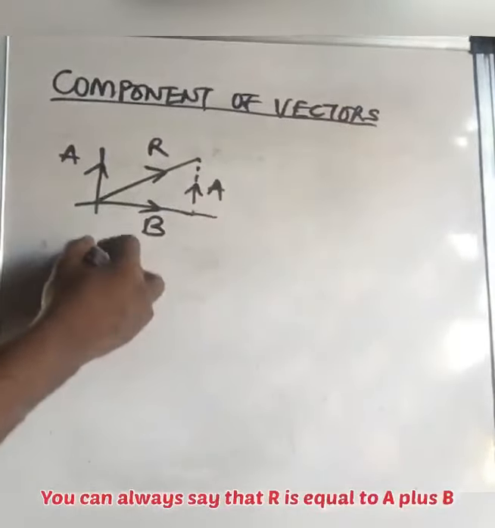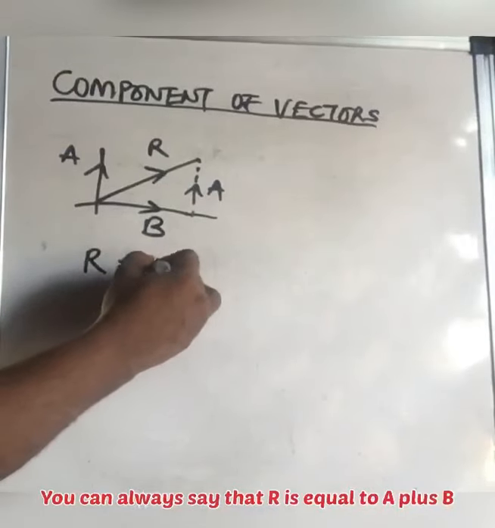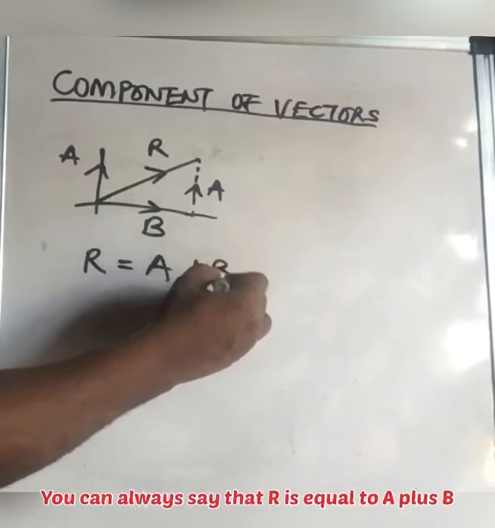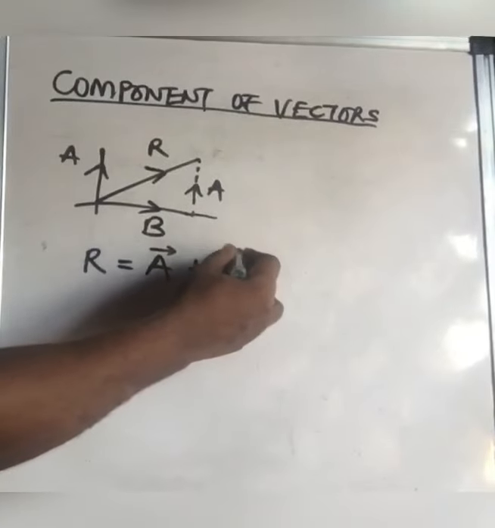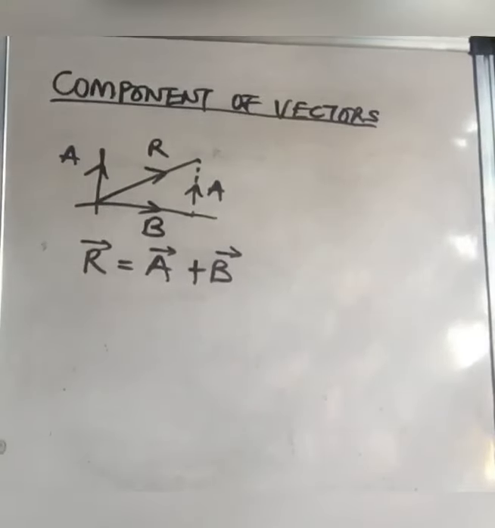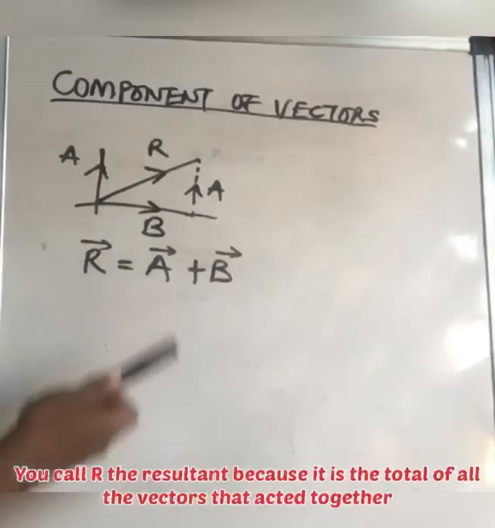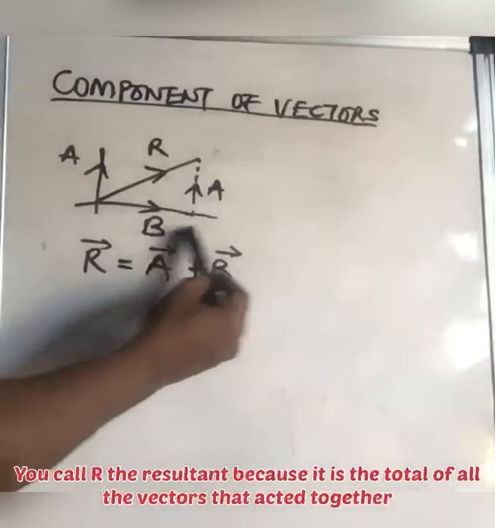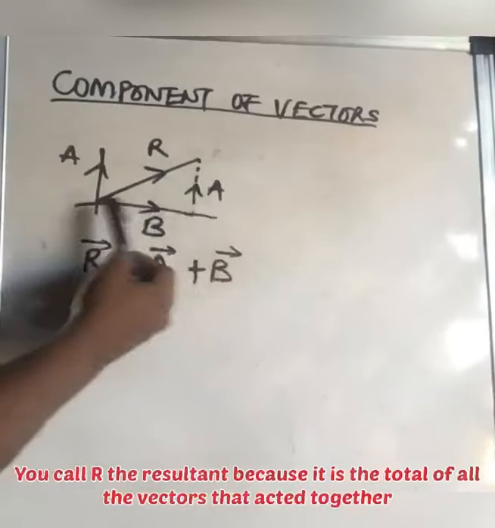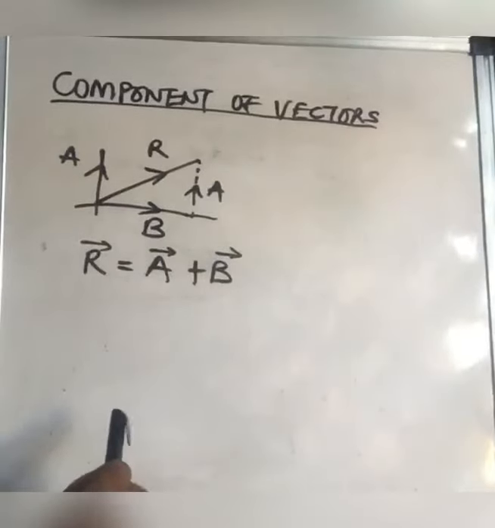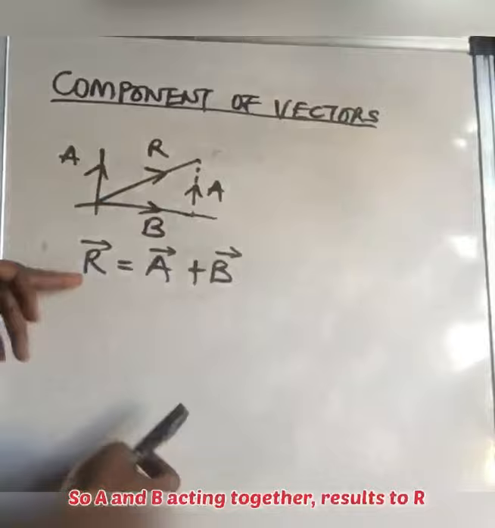You can always see that the arrow is equal to A plus B. You call it the resultant because it is the total of all the vectors that acted together. So A and B acting together results in the arrow.